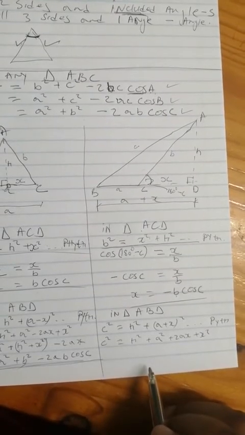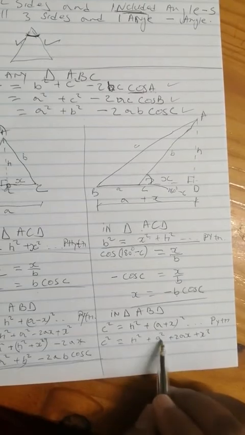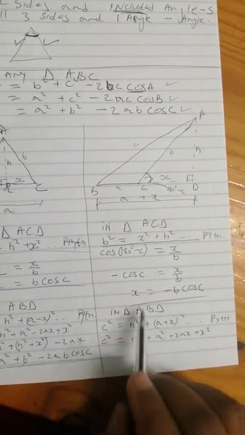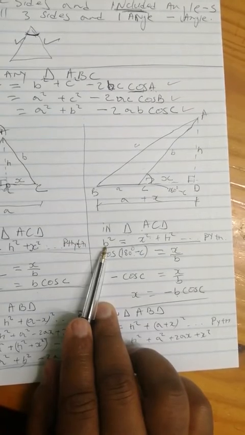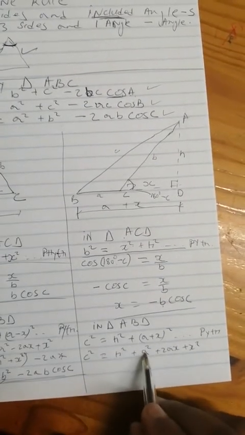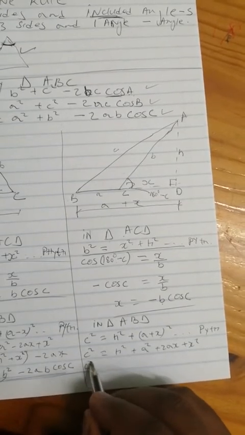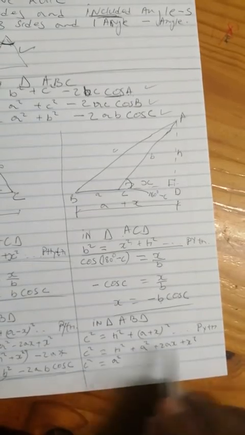So we can see that A squared plus H squared, we can replace it with B. Sorry, the A is fine, okay? The A is fine, so we must group these two together.